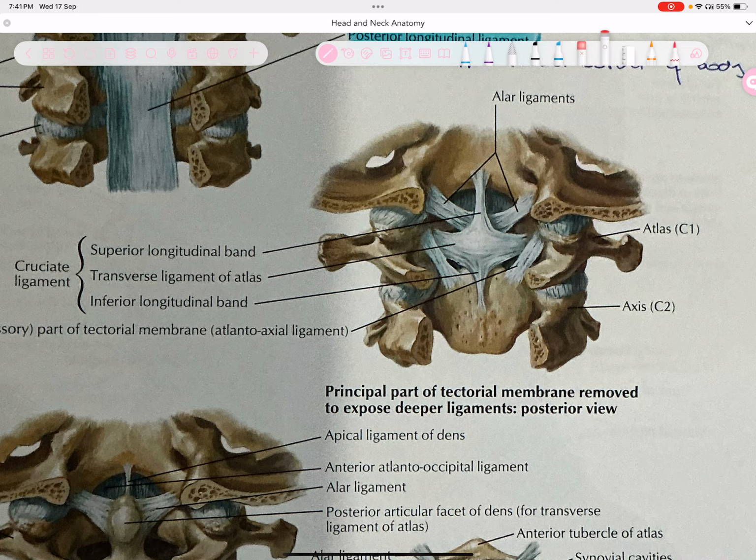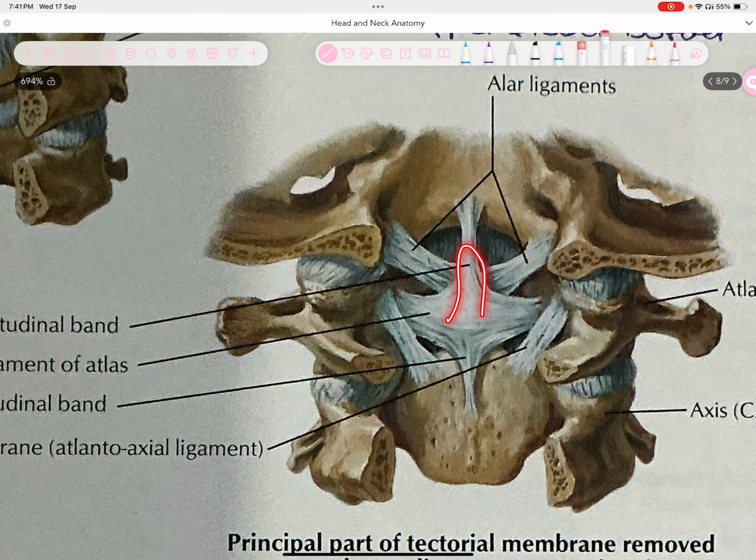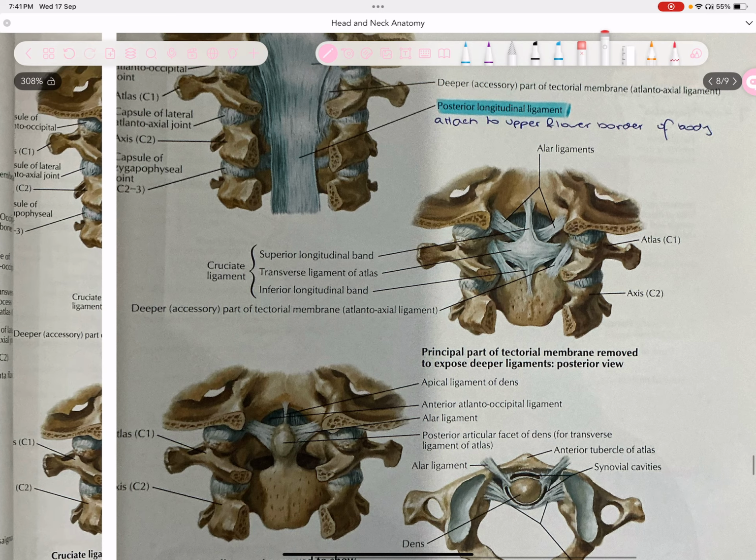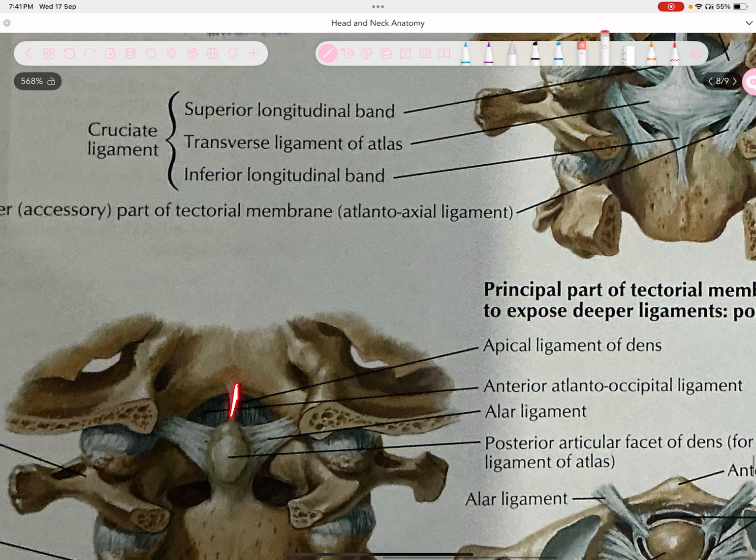Then the same odontoid process, its tip provides attachment for the apical ligament. And its sides provide the attachment site for the alar ligament. So the alar ligament is also there. This is apical and this is the alar ligament.